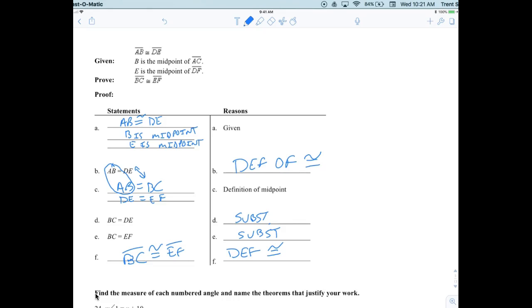Say, tell me again. I'm sorry. Why can't you just skip the B? Why do you do that step? What would you want me to have? You would want me to go straight to BC equals EF? Yeah, but I think why they want you to do that is because you're really substituting in twice.